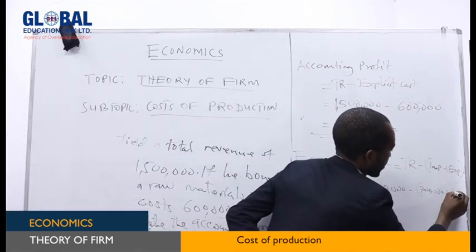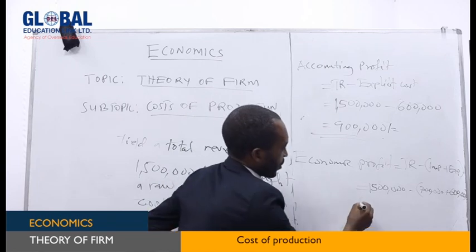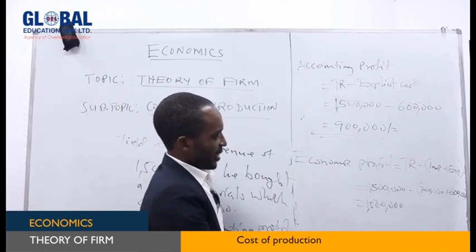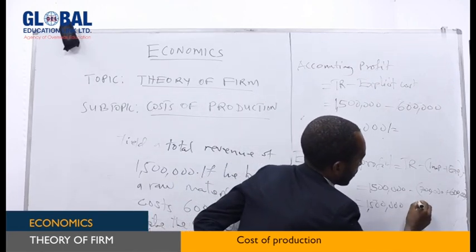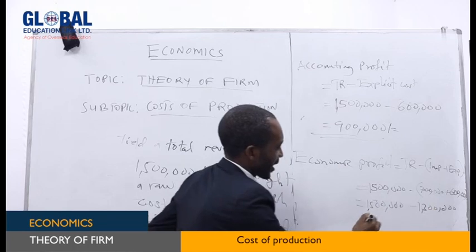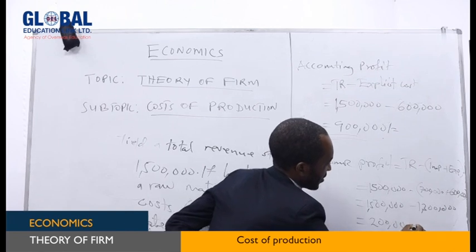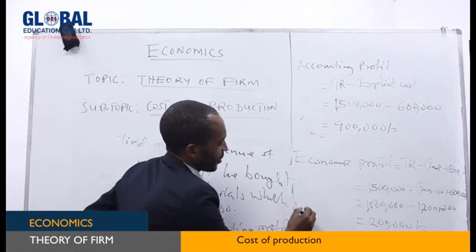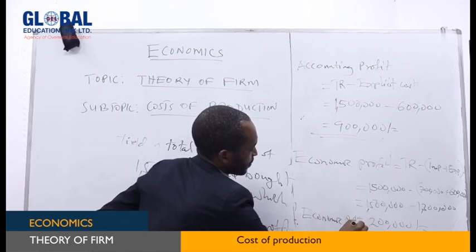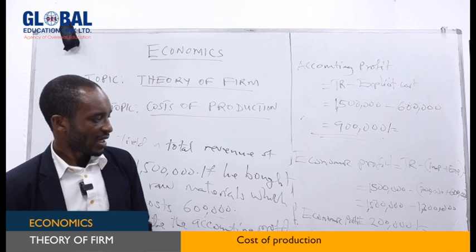So here will be equal to 1.5 million minus 1,300,000. So when you subtract, you get 200,000. So this one we call as the economic profit.